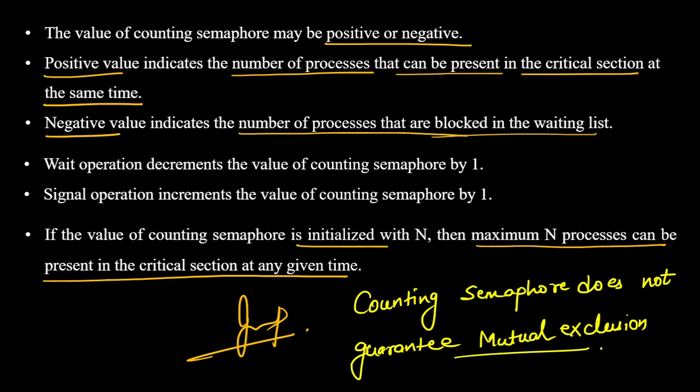If only one process is there and the second process is not allowed to enter the critical section, then we say that the processes are mutually exclusive. But here we have seen that more than one process is allowed to enter at the same point of time inside the critical section. So counting semaphore will not guarantee mutual exclusion.